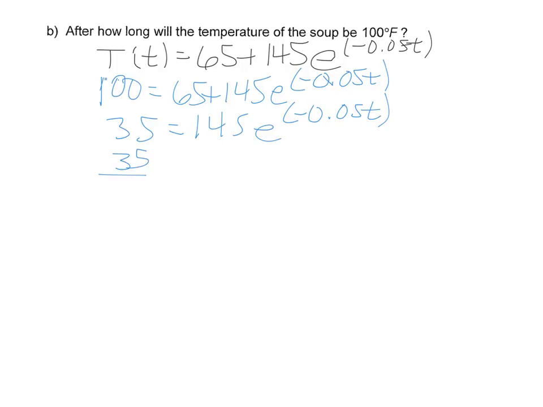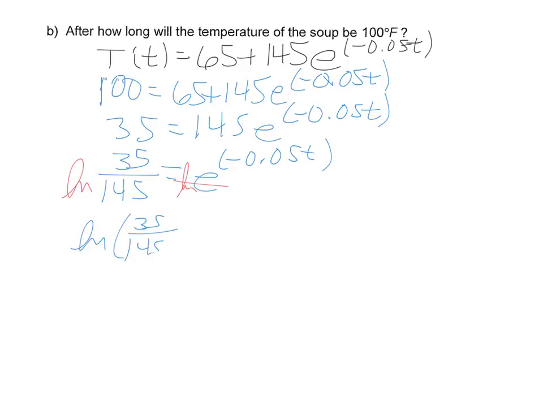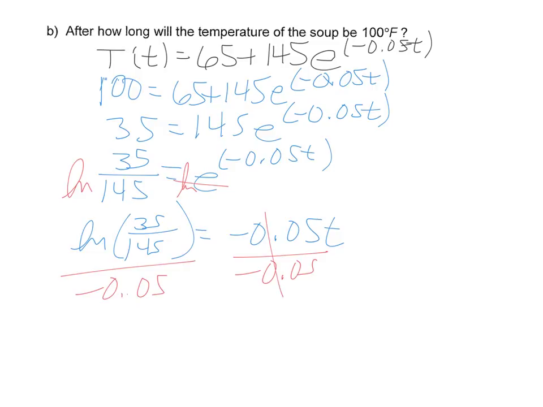Just leave it a fraction. You don't want a rounded decimal that's going to make your answer inaccurate. Now we can do natural log on both sides. Natural log of 35 over 145 equals negative 0.05 t. And then finally divide by negative 0.05. And it comes out to be 28.42, and our time was in minutes for this problem.